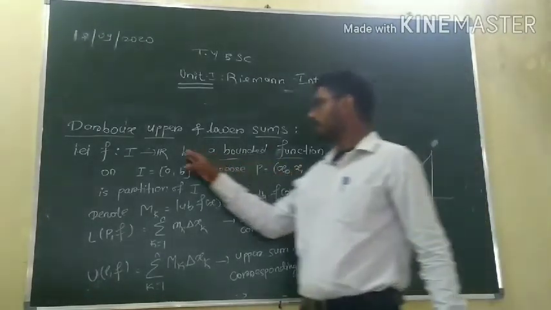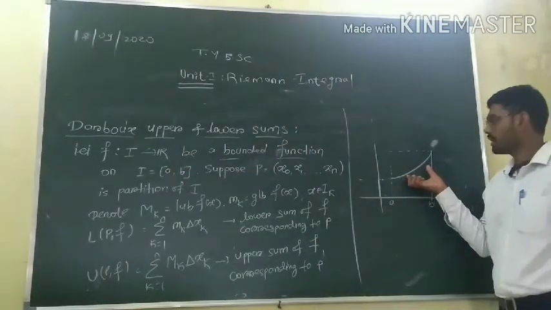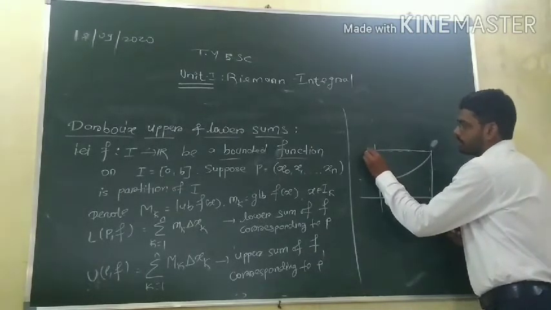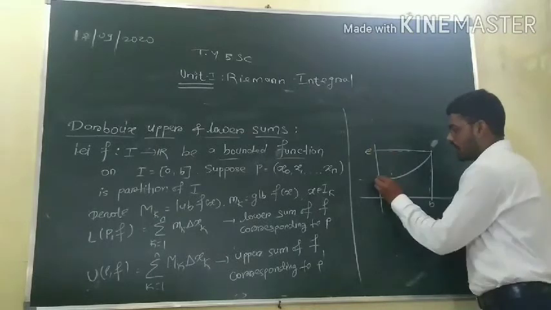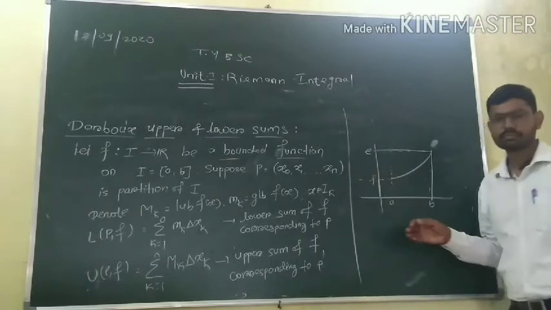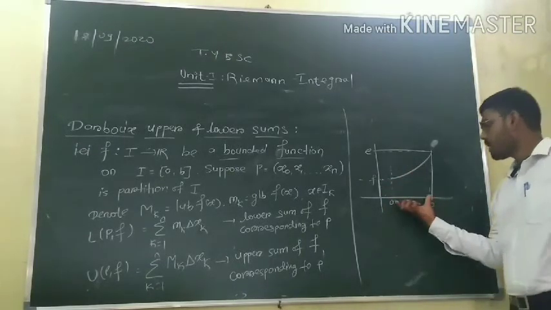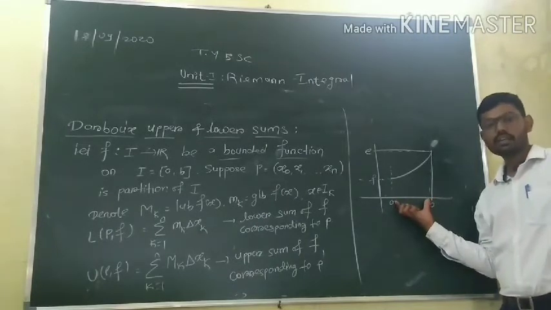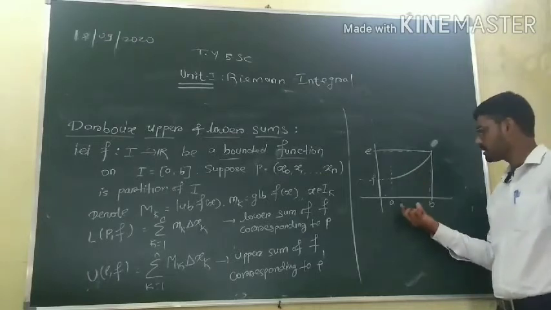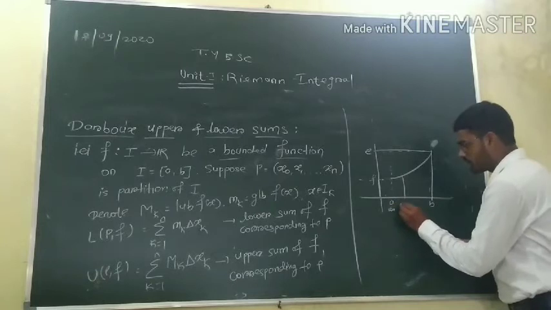So we have taken just an idea, one example of a bounded function, which has an upper bound, say some point e, and a lower bound, say f. So this is the bounded function. Now since this function is bounded on this whole interval, it must be bounded on its segments or subintervals. Suppose this is x0 to x1.